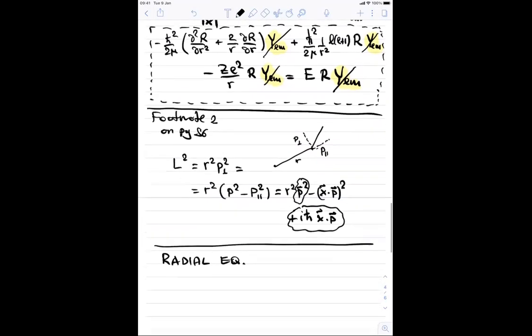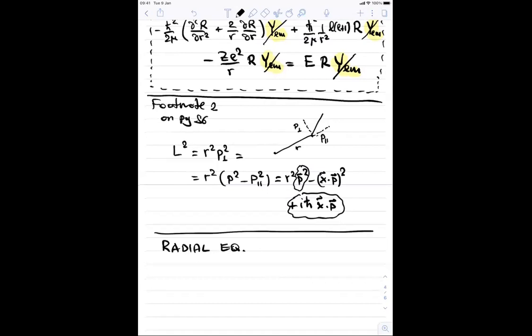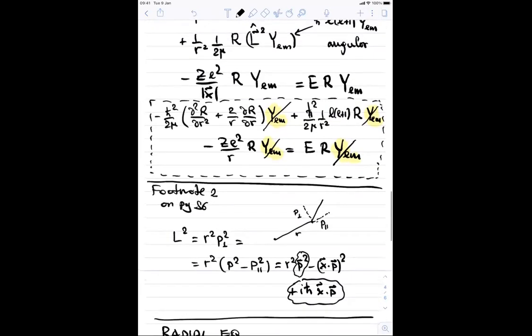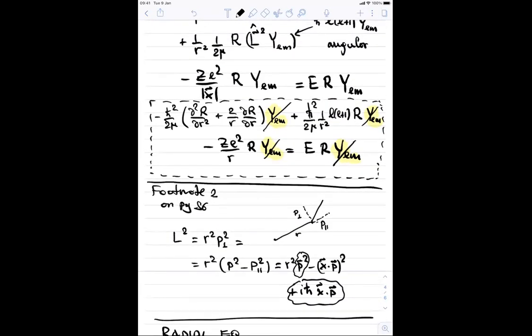So let me write it again. The radial equation reads as follows: minus h bar square over twice the mass, the second derivative with respect to r of the function R, plus 2 over r, the first derivative. Then there is this 1 over r square term, which I have to remember, and this 1 over r comes from the Coulomb.